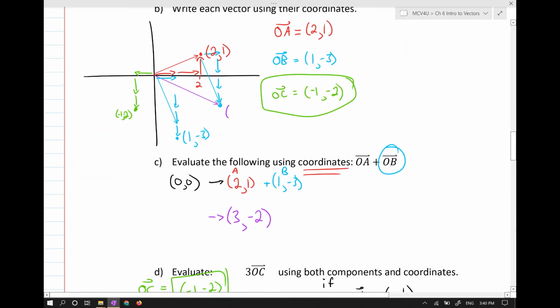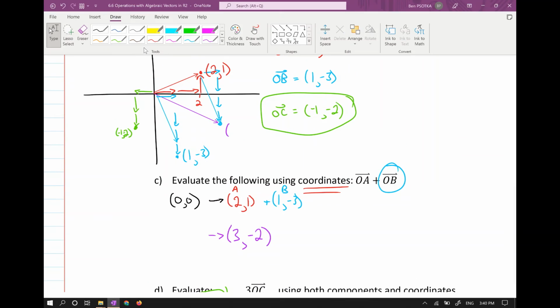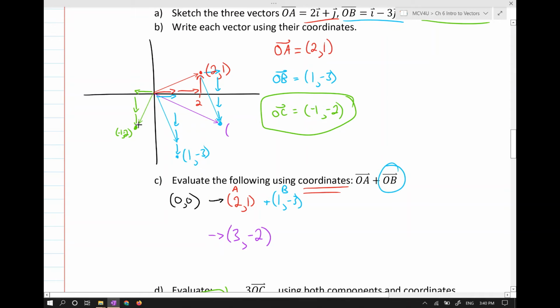We have -1, -2. That vector OC would look something like so. I could add up all of my components there, or I could play around and say, 1, 2, 3.